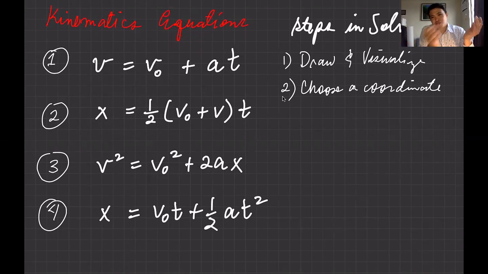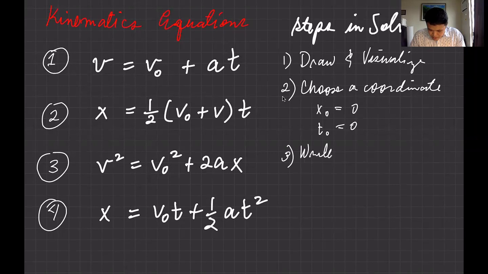And of course, you start your timer there, t naught equal to 0. So that's why sometimes we can just set x naught equal to 0 and t naught equal to 0 to make it simpler, right?